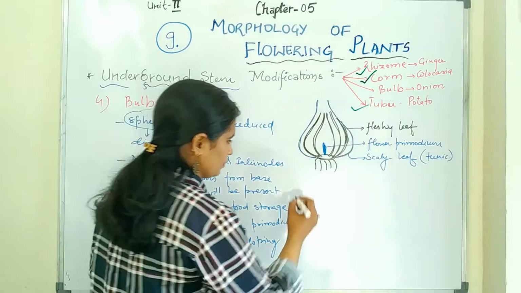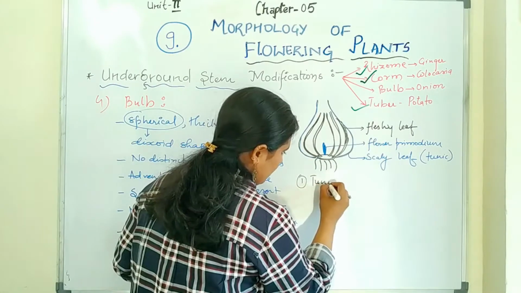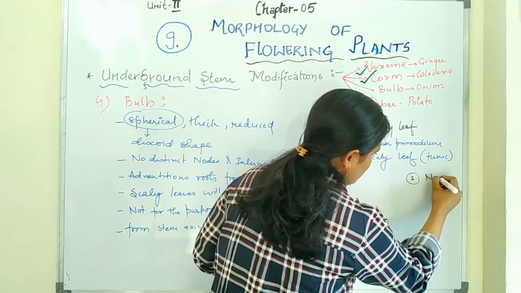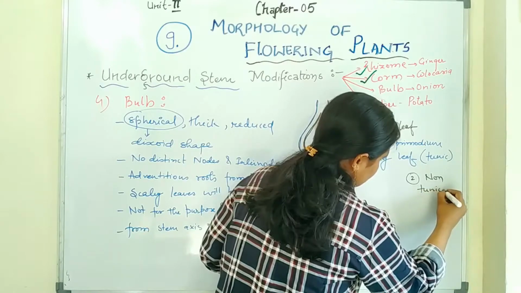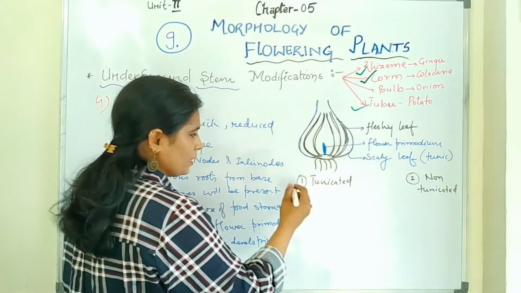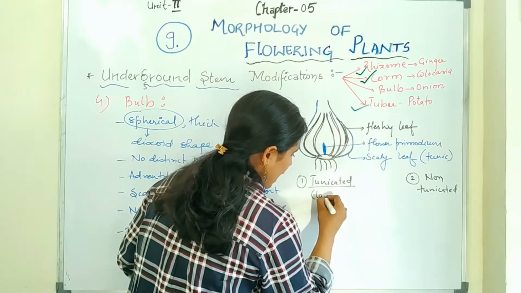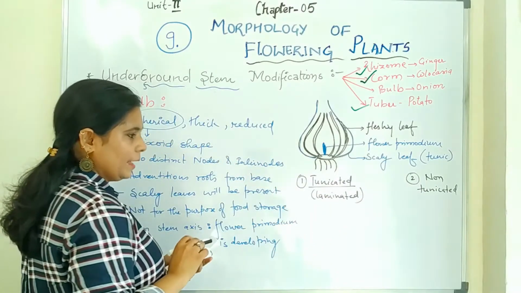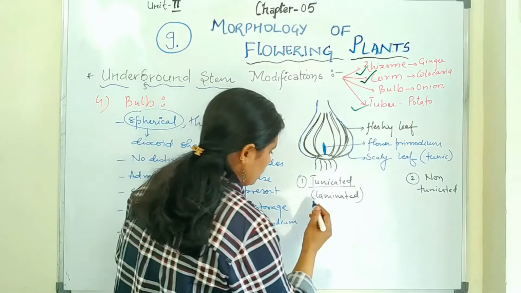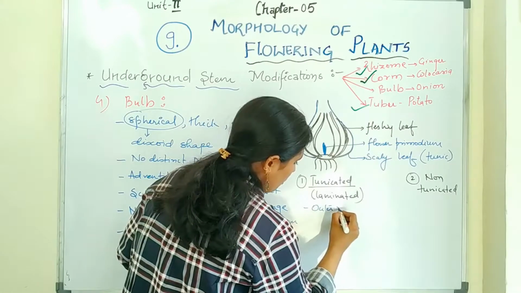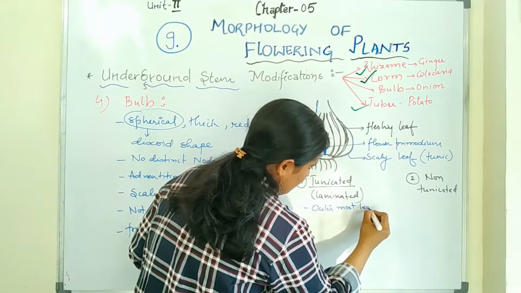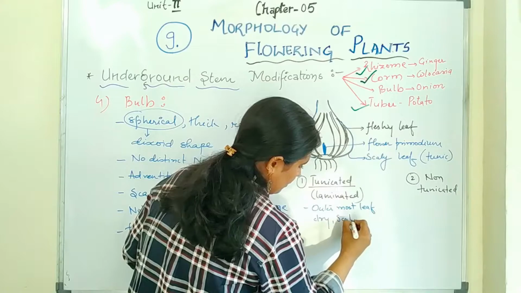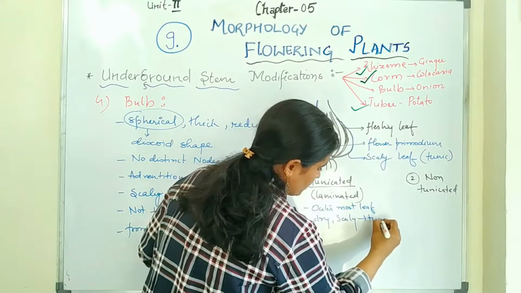One is tunicated and the next is non-tunicated. What is tunicated? It means laminated. Here the outermost leaf becomes dry, scaly, and this is called tunic.